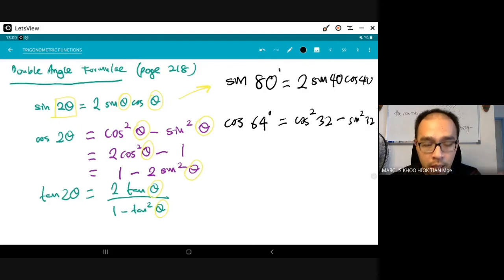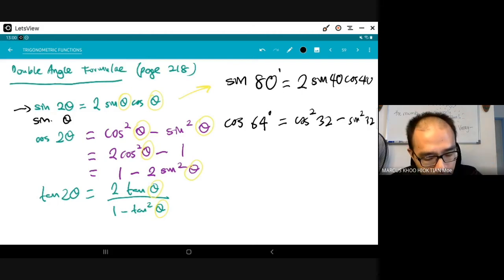Now, what if I change the 2 theta to become just theta? I use the same formula, the same concept, double angle, but instead of 2 theta, I just use theta.